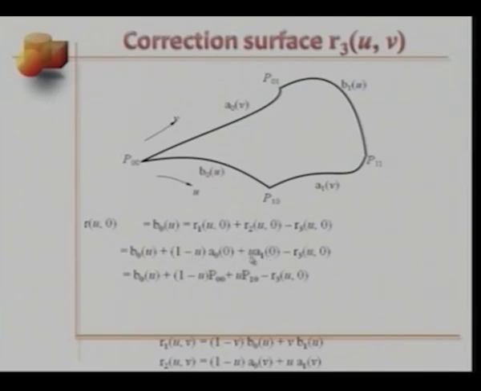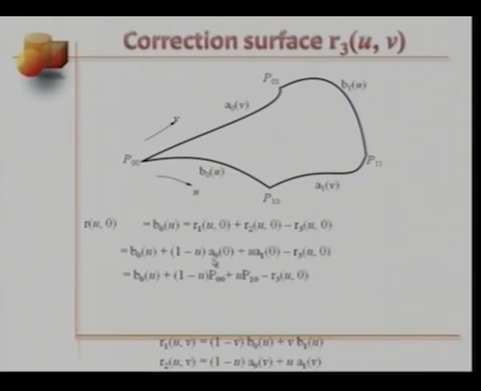These two terms come from here. If you plug in V equals 0, we have 1 minus U A0(0) plus U A1(0) minus R3 of U and 0.